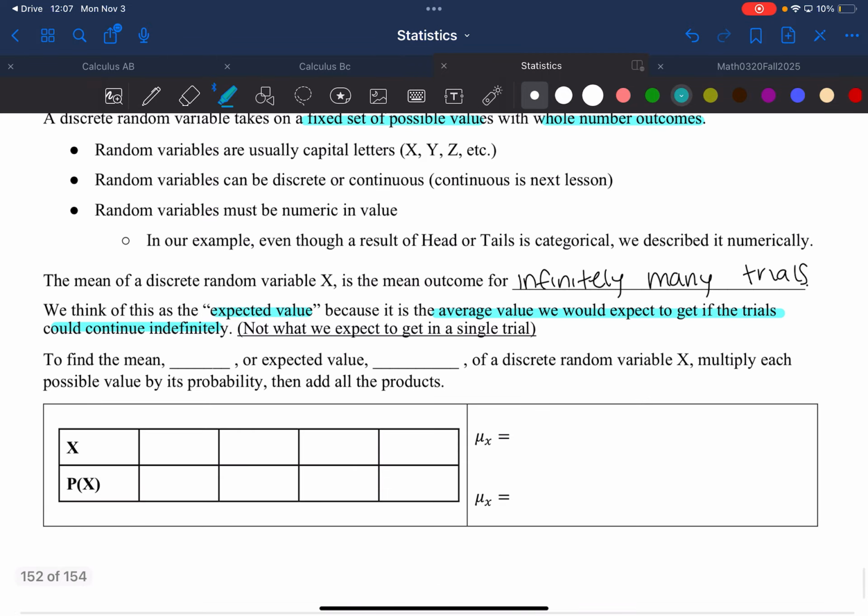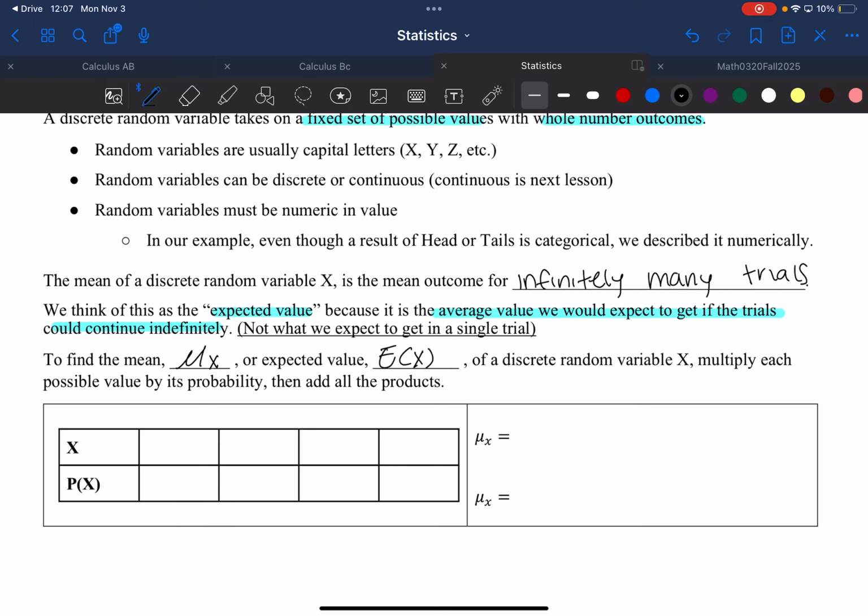Okay. To find the mean, which we're going to denote as mu x, or another name for the mean is expected value, which we denote as capital E of x, of a discrete random variable, we multiply each possible value by its probability, then add up all the products.